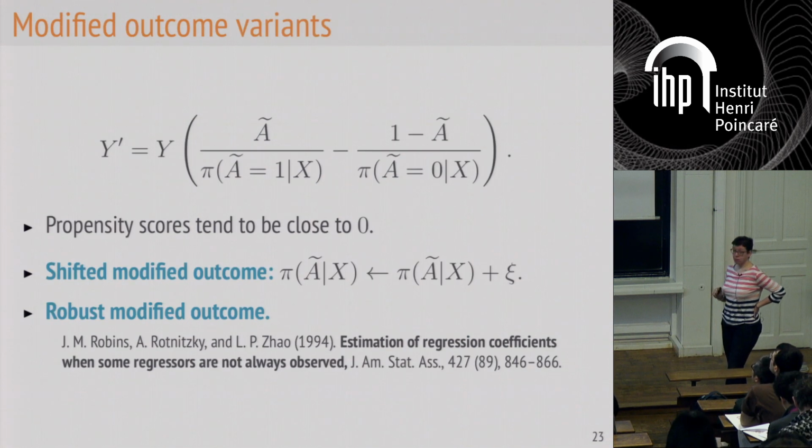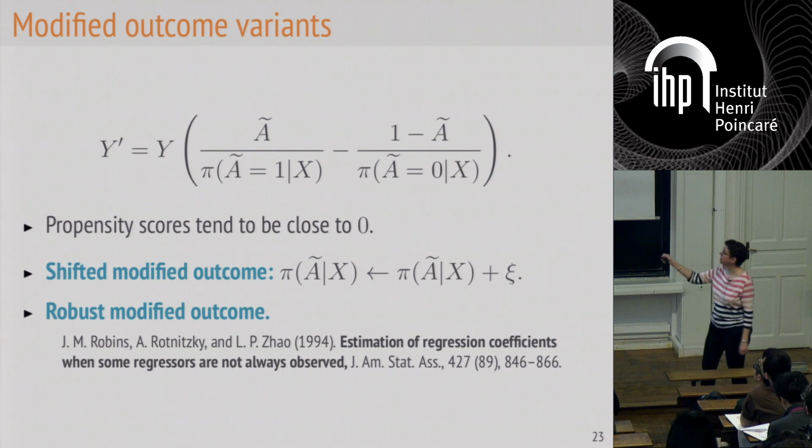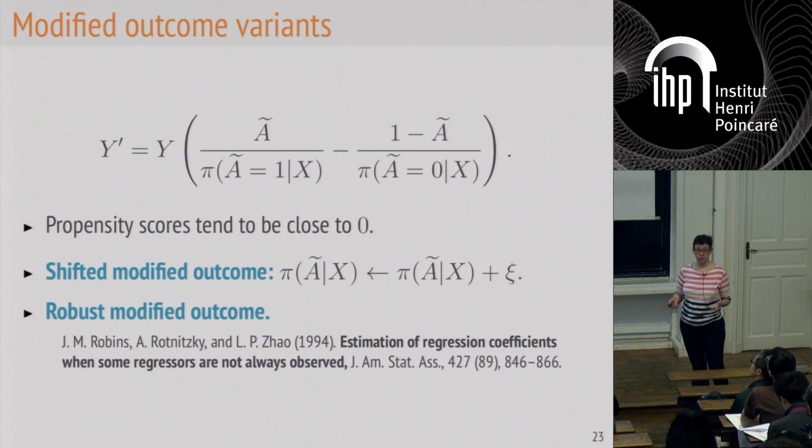Okay, so we're almost ready to compute our modified outcomes. We still have a little issue. Those propensity scores tend to be very close to 0 or 1. So you tend to have numbers here that are very close to 0, and numerically, this is not a very satisfactory situation. So you have several possible solutions.